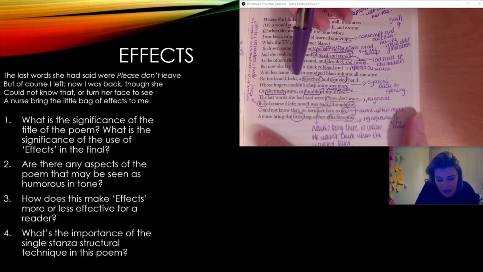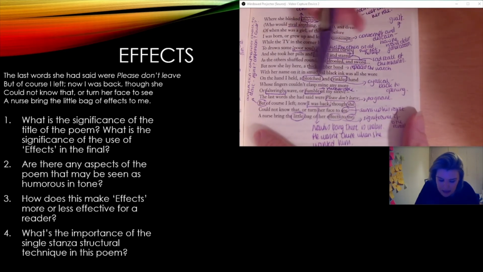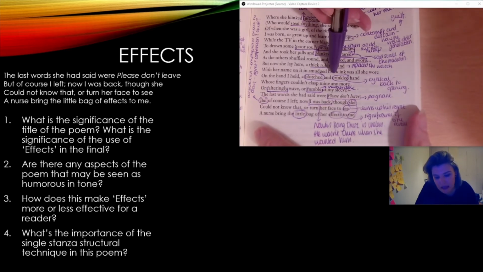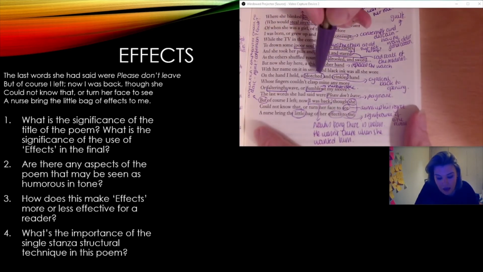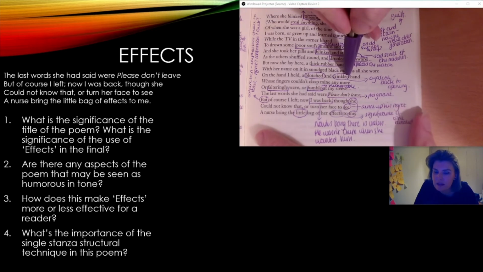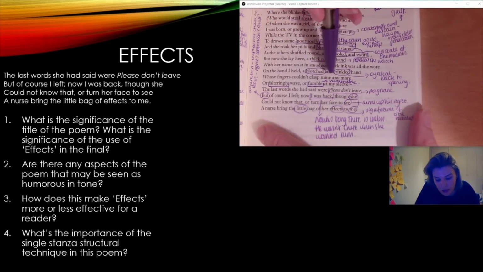On the other hand, I held a blotched and crinkled hand. So again, cyclical in nature, coming back to the opening, that focus on the hand, the wrinkled hand, the scarred hand, that is described to begin with, and now it's blotched and crinkled. So again, emphasising the sort of hard work that his mother has gone through, maybe in raising him, whose fingers couldn't clasp mine anymore.